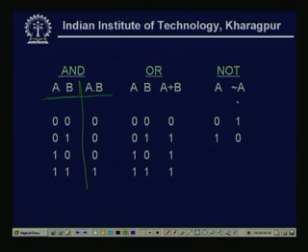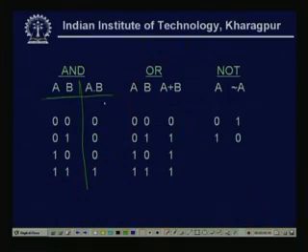So, just now we have defined the algebra: the set of two elements A, B, the set of operators that are plus and dot, and the rules we have just discussed. And when we form A dot B, A plus B, and the negation of A or the complement of A, then we actually get the AND gate, OR gate and NOT gate.